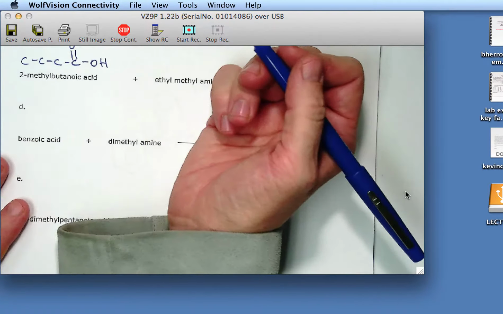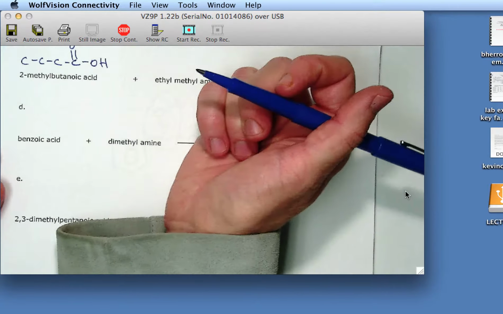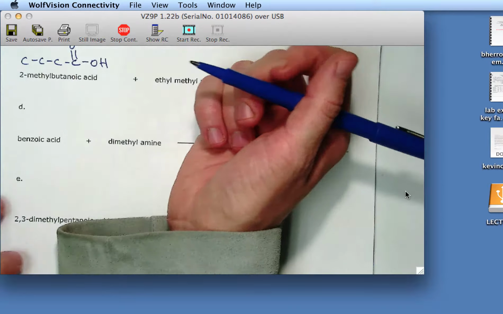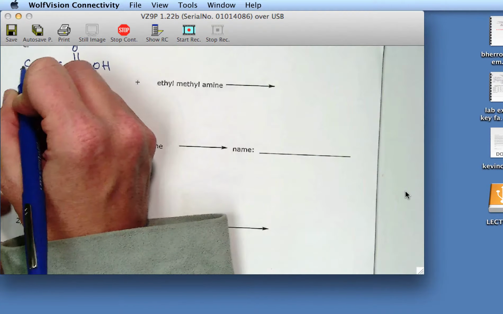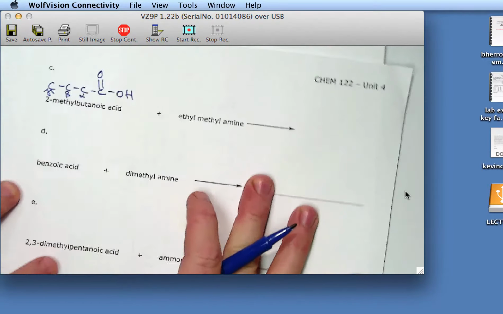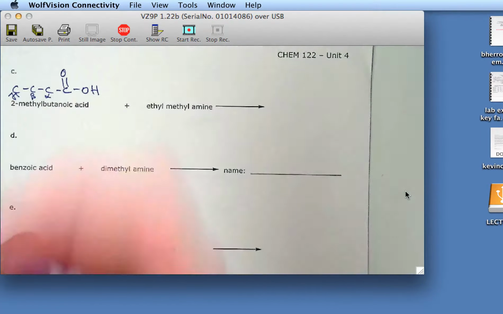And I have a methyl on the alpha, beta, or gamma carbon. Alpha. Remember, this one's alpha. And I'm just reviewing. Oh, that's right. You don't include the first one. Right. So the methyl is on the alpha carbon, which is carbon number 2.